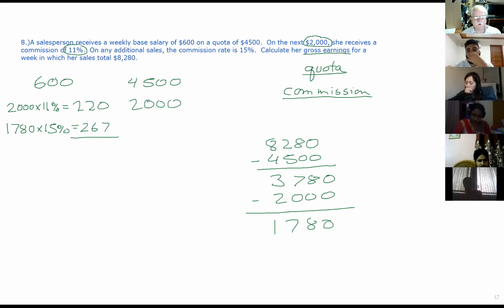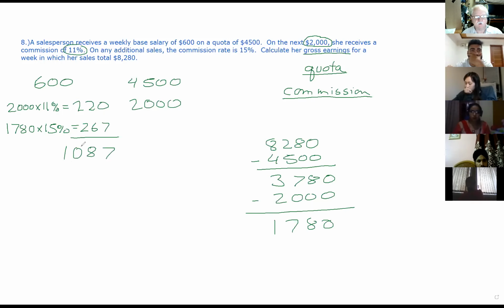So her pay, she got paid the $600, but she got paid $220, and then she got paid $267. So let's figure out her gross earnings. 600 plus 220 plus 267.